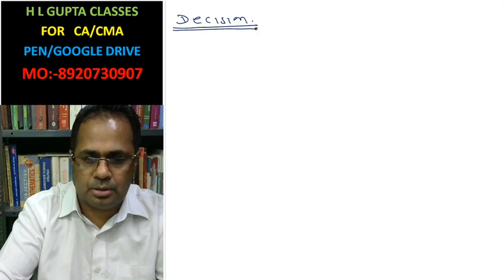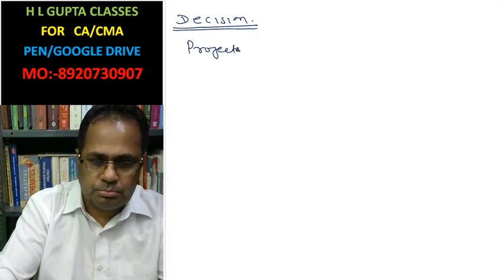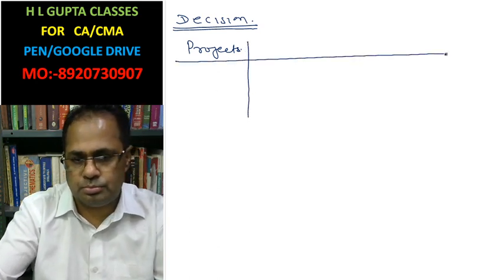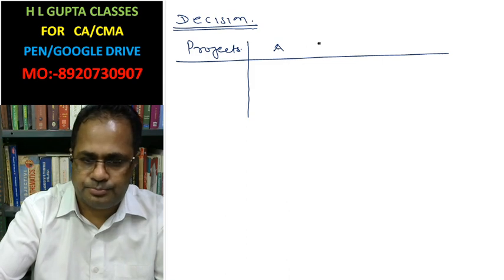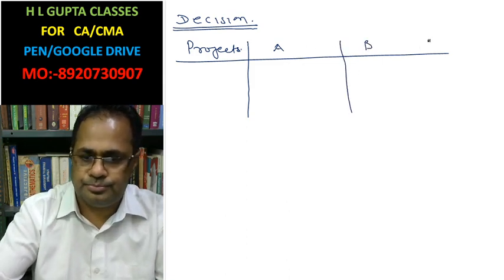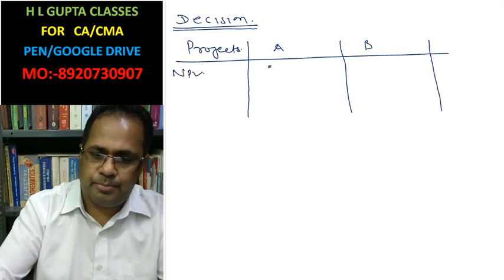Here you write projects A and B. Net present value of both the projects is the same, 10.56 lakh.